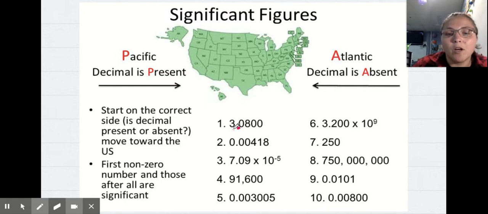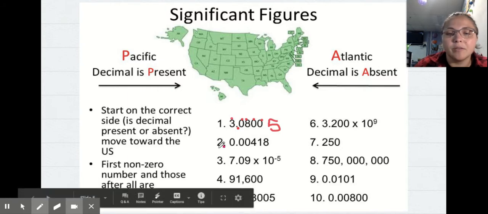And so the first number that's not a 0 and everything after it following our correct direction is significant. So this number, decimal is present, so I'm going to read it from left to right. And the first number is not a 0, so I've got 1, 2, 3, 4, 5 significant figures.